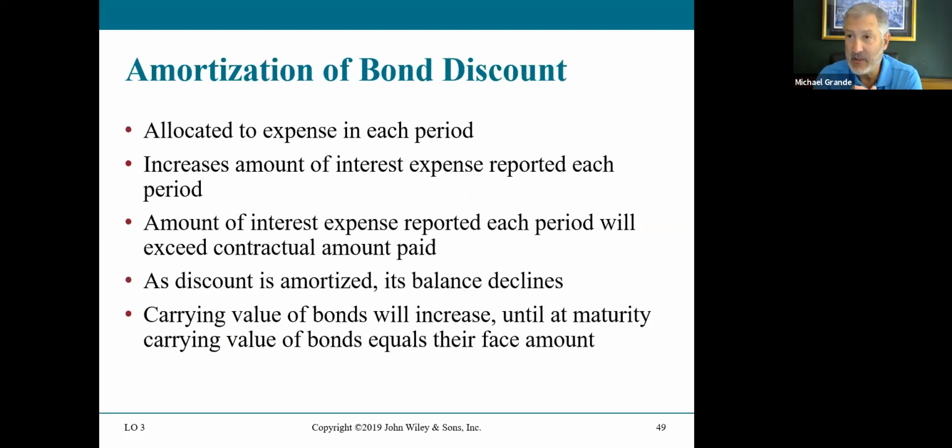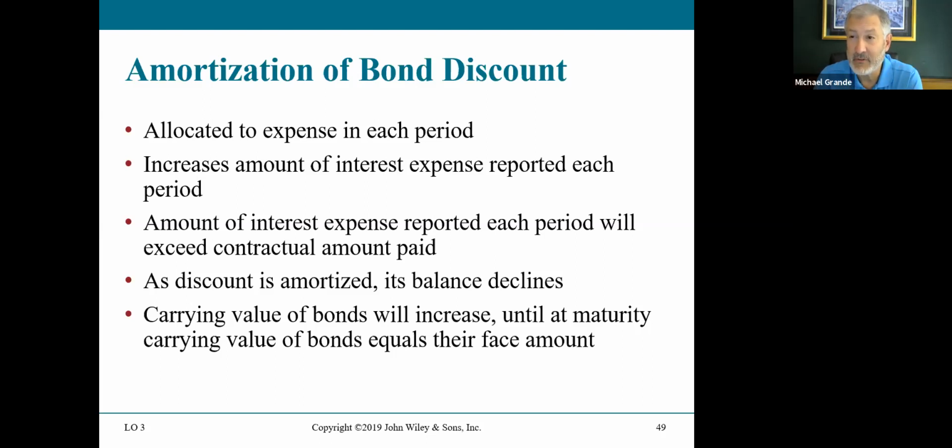So we have this bond discount on the books. We need to amortize it over the life of the bond. That discount is going to be allocated to expense in each period. It increases the amount of interest expense reported each period, because remember, the bondholder is going to receive the contractual amount of interest on the payment date, not the market.